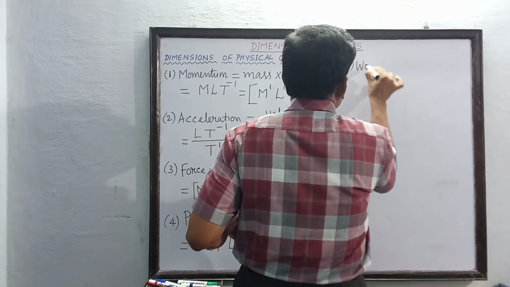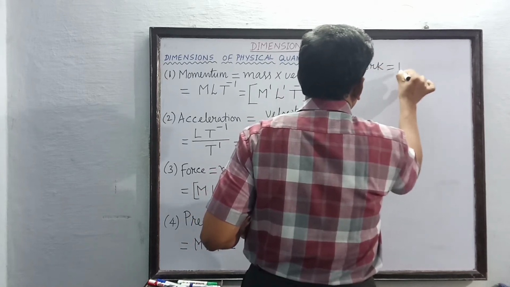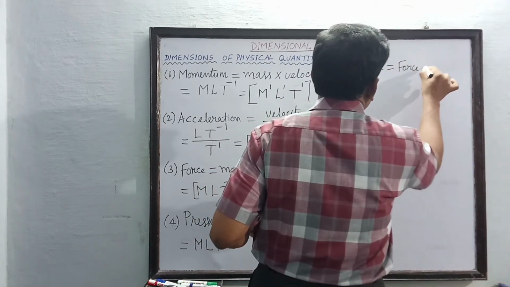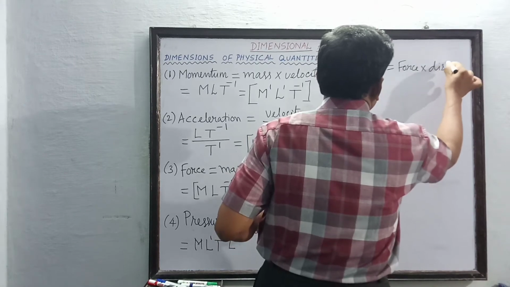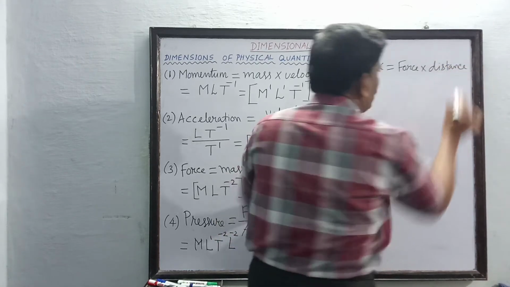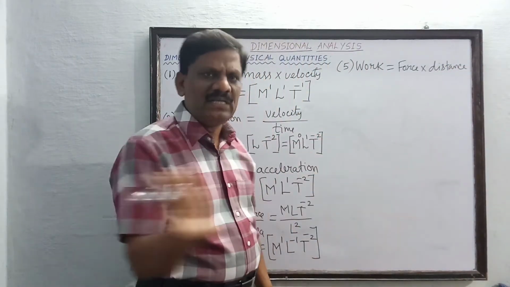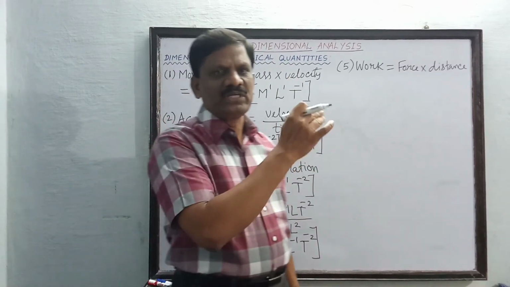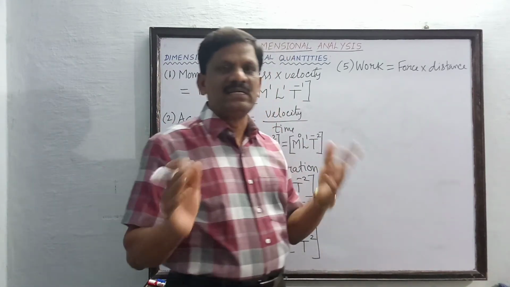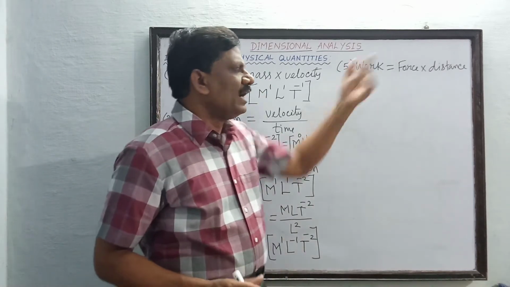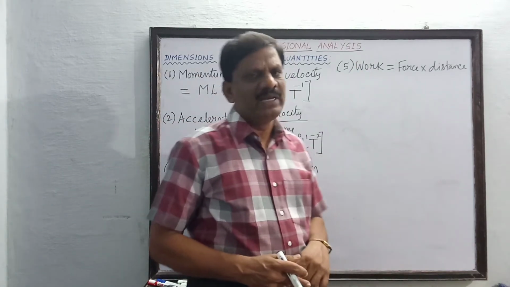Work and energy. So work is equal to force into distance or displacement. Distance and displacement are one and the same along a straight line, rectilinear motion, and it has the dimension of length.